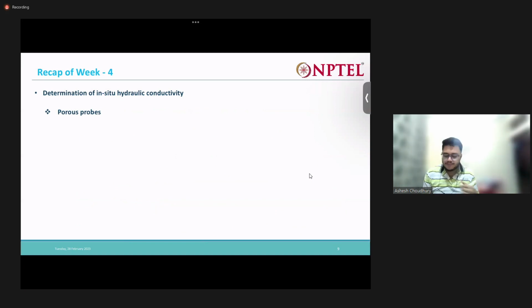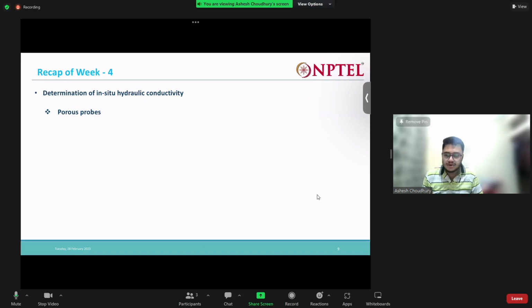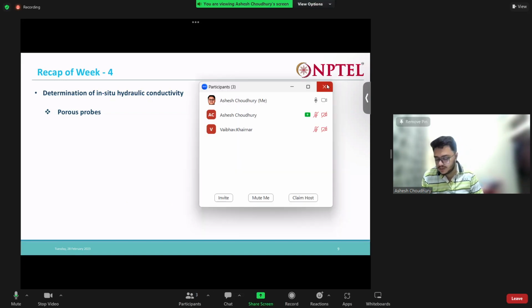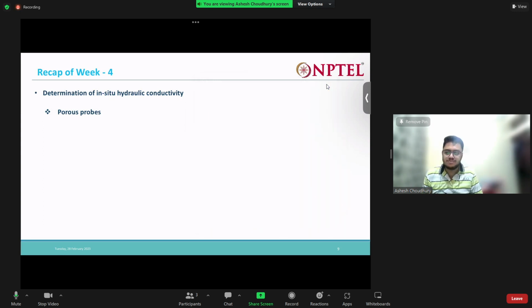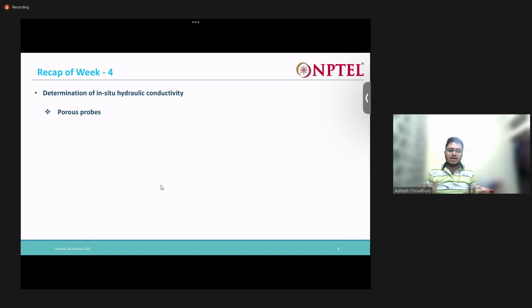Now the next topic is how to determine the hydraulic conductivity in situ, that is, in the field. How can we determine it without taking the soil from the field, without disturbing the in situ condition of the field?